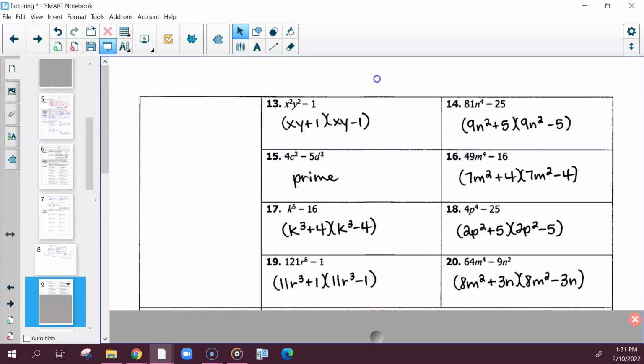So why is it prime? Because 5 isn't a perfect square. If it was 25, then that would have worked, but 5 does not work. Other questions on those?